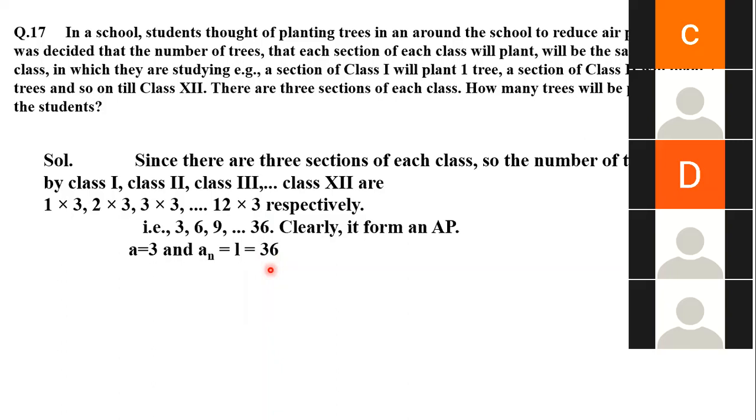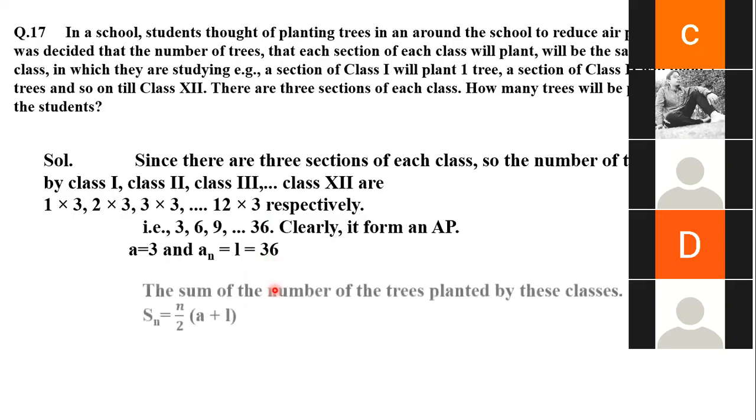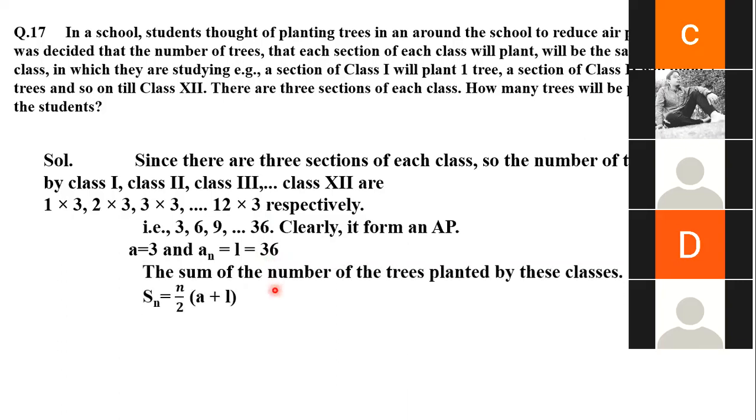A value 3, D value also 3, last term 36. Will you find out N value, children? Any doubt in this sum? Number of classes are 12, so N value is 12. A value we got 3, last term 36.